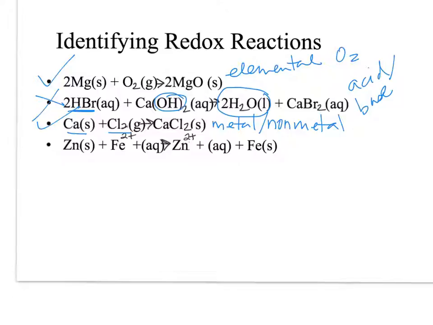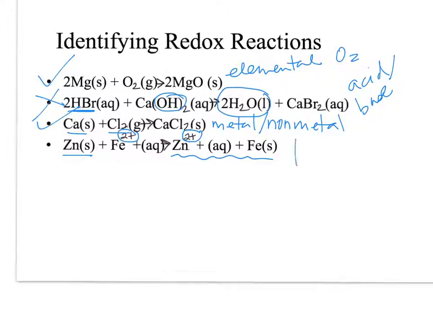What I want you to look at here is that there's a positive charge on iron and a neutral charge on zinc to begin with in our reactants. But when you look at the product side, you can see that the charges switch. Suddenly zinc has a charge of 2 positive, which means that it's going to lose 2 electrons, and iron now has a neutral charge.